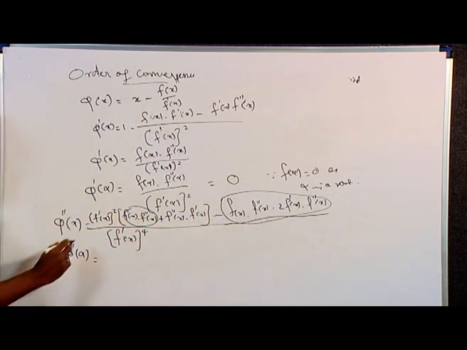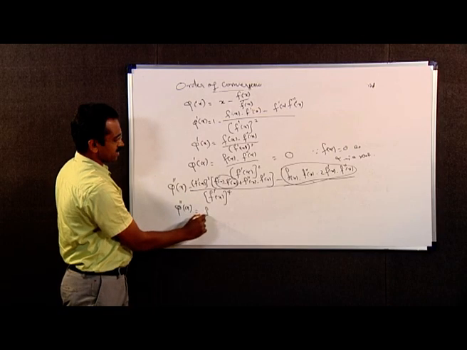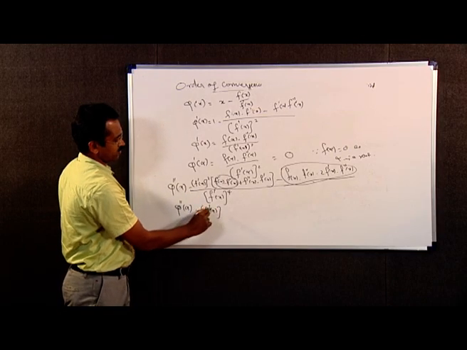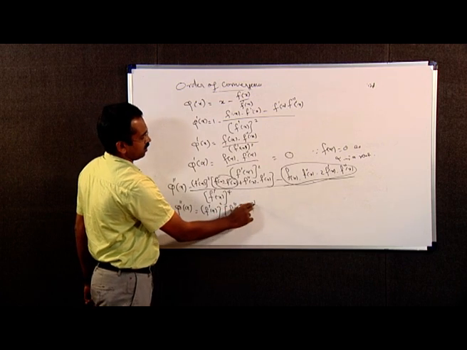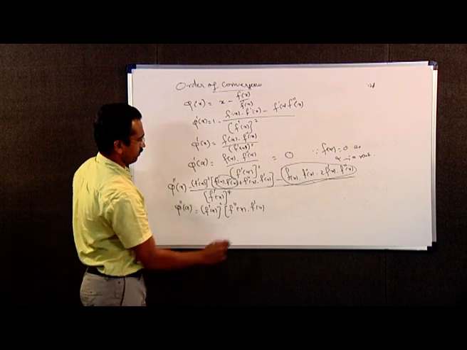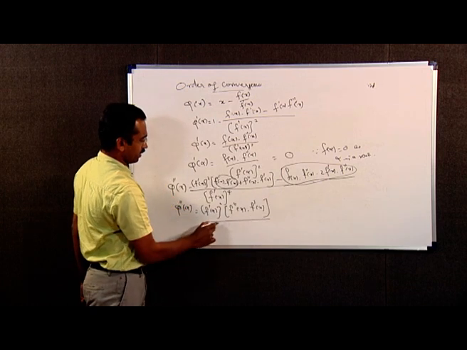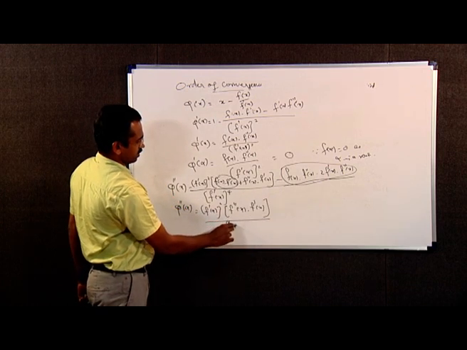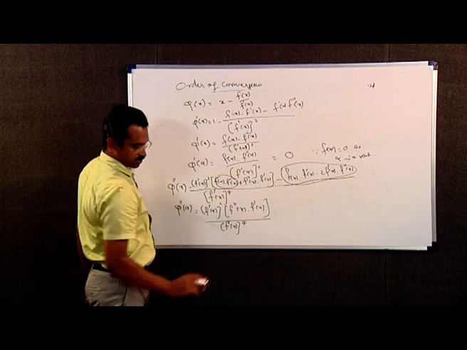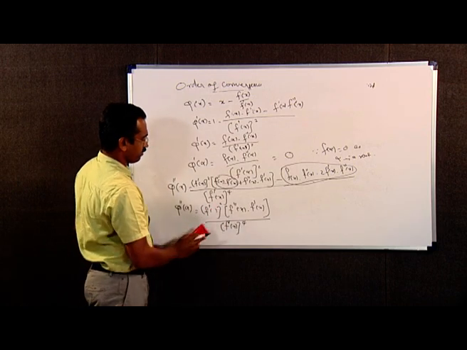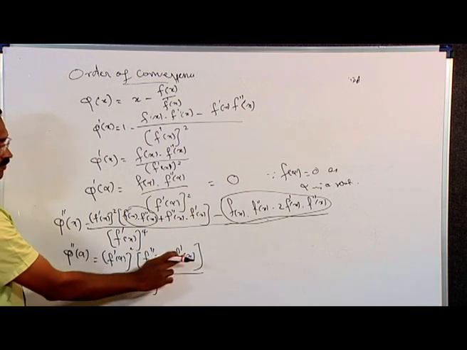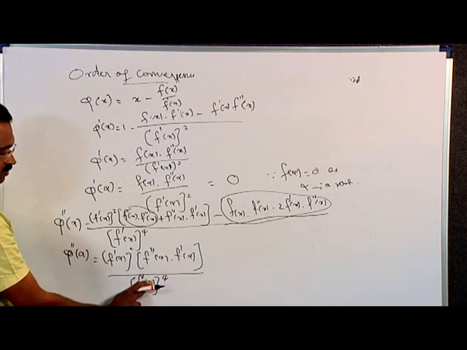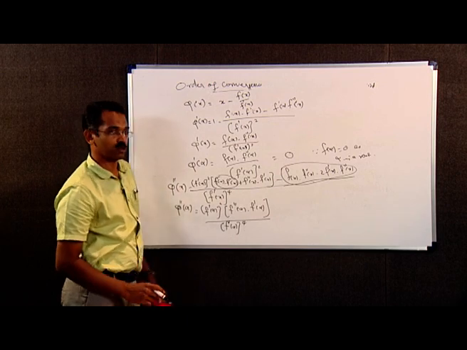The remaining term is f dash x square into f double dash x into f dash x divided by f dash of x raised to 4, that is, f dash of alpha square into f double dash of alpha into f dash of alpha divided by f dash of alpha raised to 4.